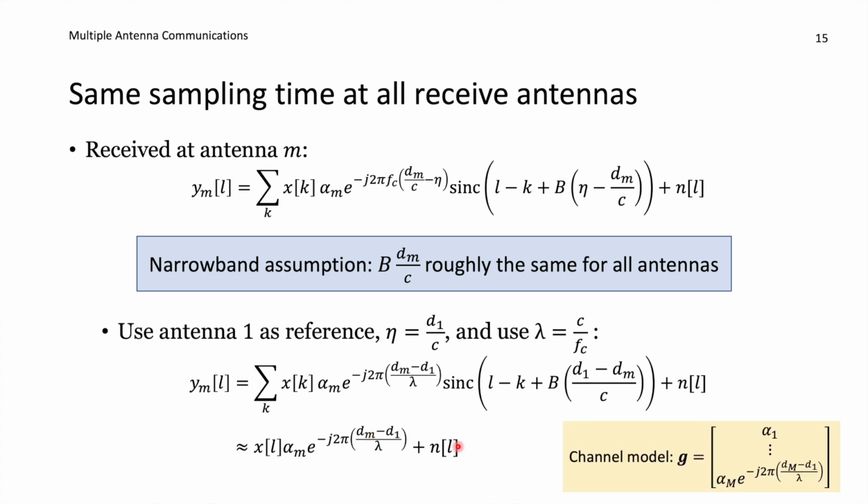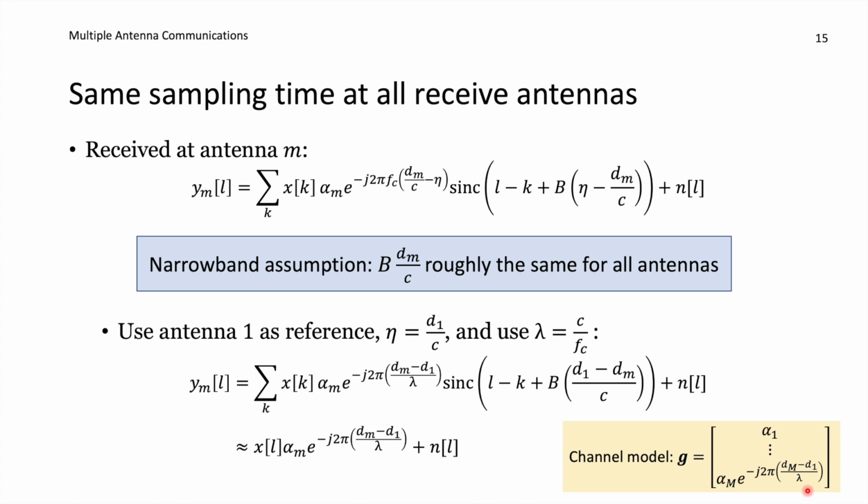So now we have developed a channel model for the line of sight case. We have for every antenna here alpha 1, alpha 2 down to alpha capital M, and we also multiply each term with e to the power minus j2 pi, and we have the difference between the distance to that antenna and to the first antenna divided with the wavelength lambda.